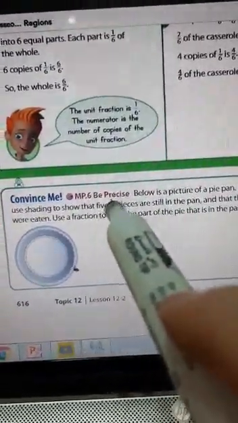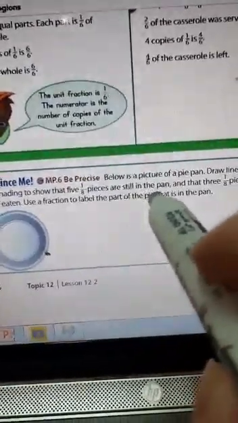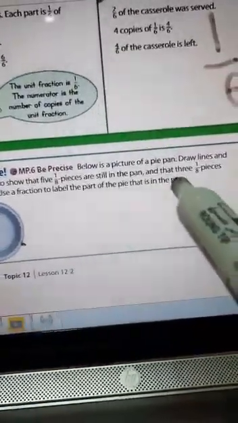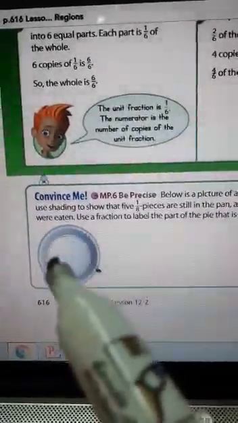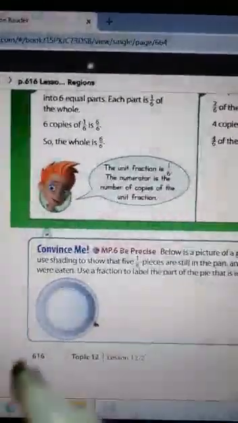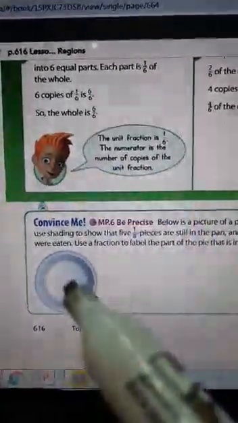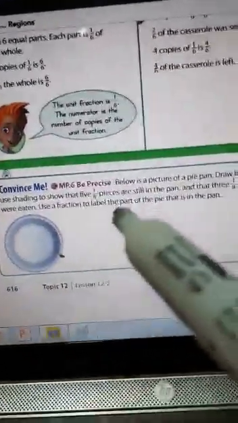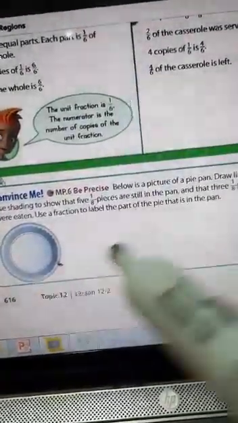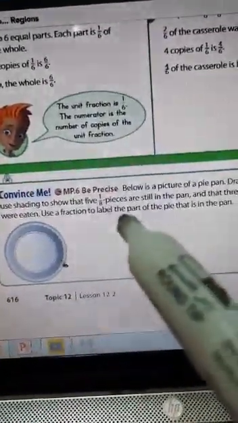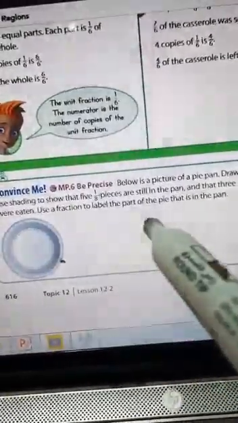5 from 1 unit of 8 are still in the pan, and that 1 of 8 unit pieces were eaten. So like here, up we saw that 2 left. Here, no, 3. Use a fraction to label the part of a pie that is in the pan. In the pan, how many left? They said 5.